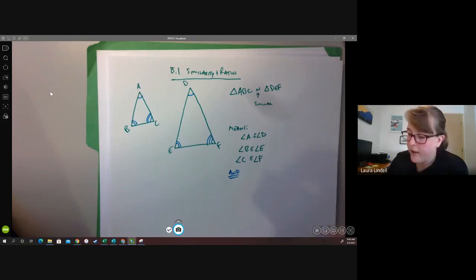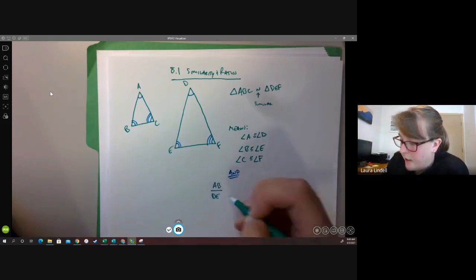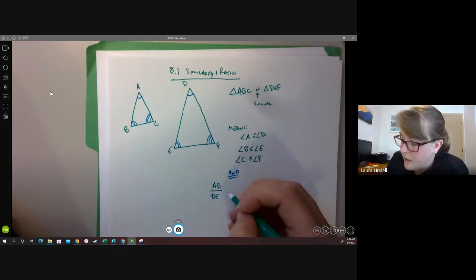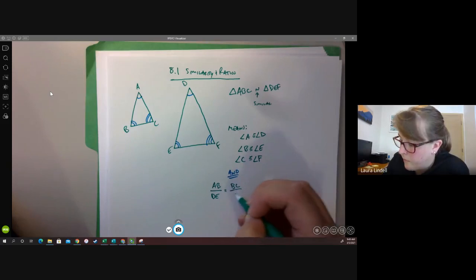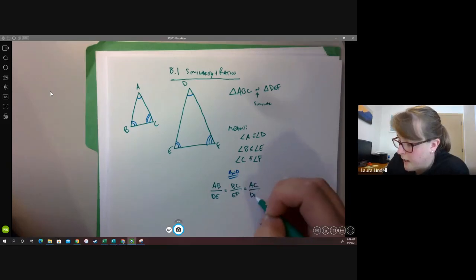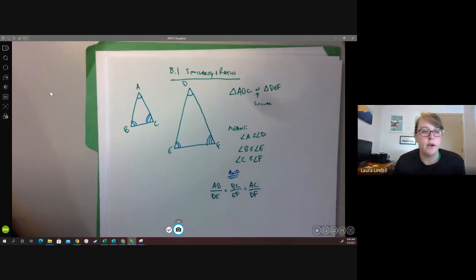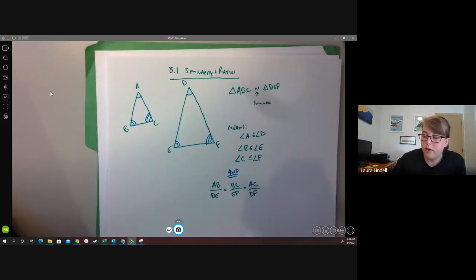So what we mean by that is if I put AB over DE, that's going to be the same as BC over EF, which is going to be the same as AC over DF. So I take the sides that would match with one another when we're talking congruence, and I put them in a ratio. And those ratios will all be the same.